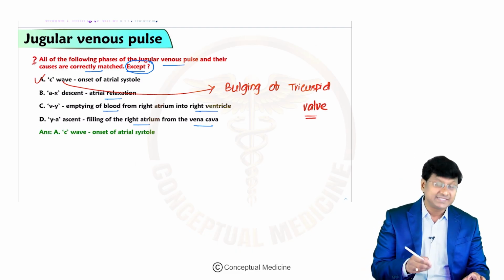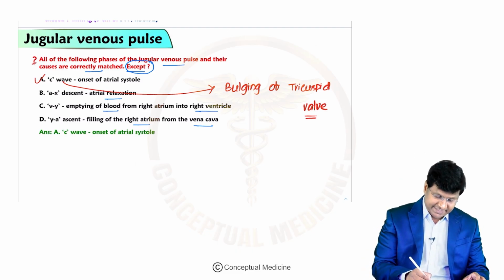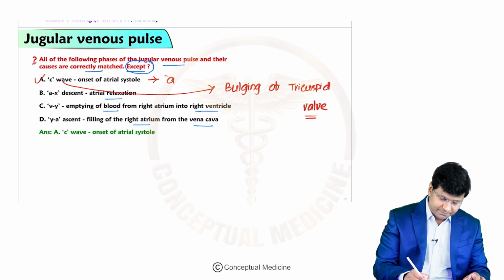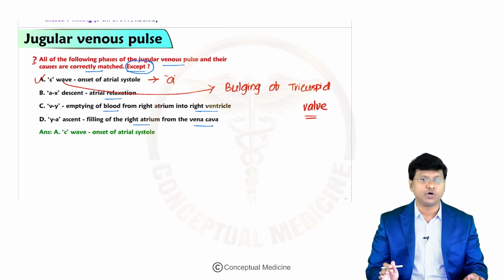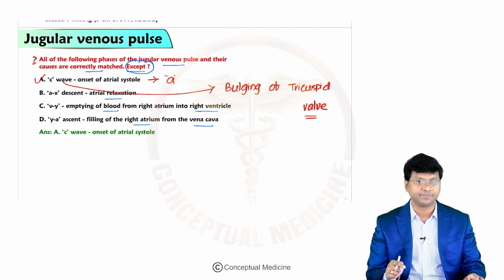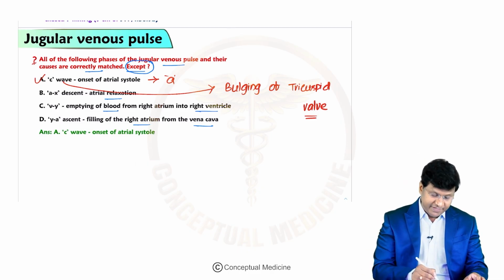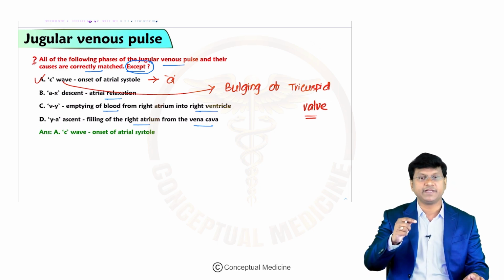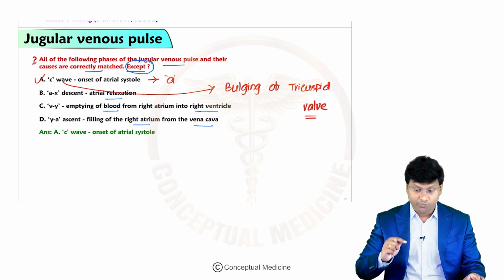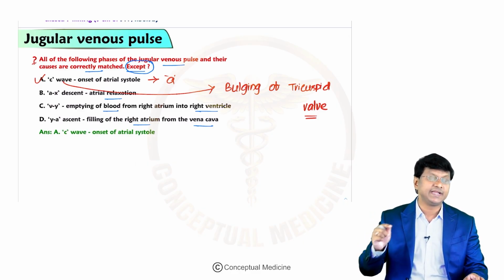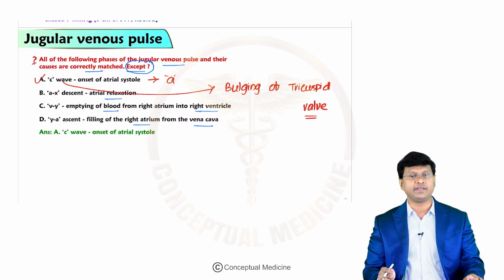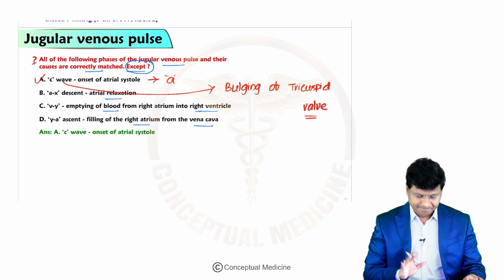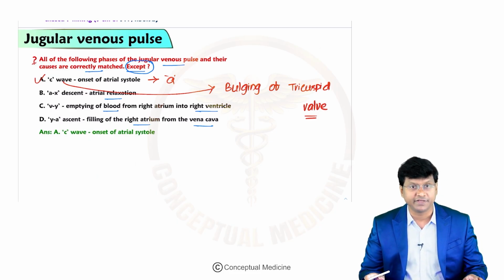The onset of atrial systole represents the A wave, whereas in the remaining options, AX descent represents the process of atrial relaxation. VY represents the emptying of the blood from right atrium to right ventricle. YA ascent represents the filling of the right atrium from the vena cava. So that is about your waves.